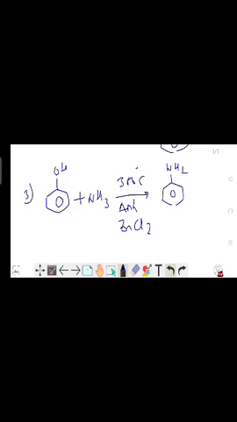So when phenol reacts with ammonia in presence of anhydrous zinc chloride at very high temperature, then it produces aniline.